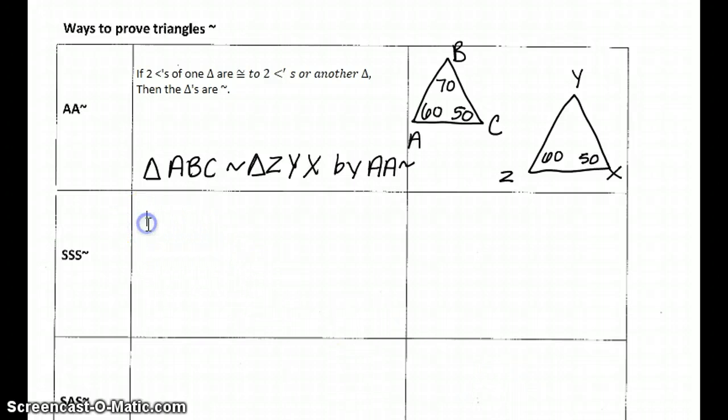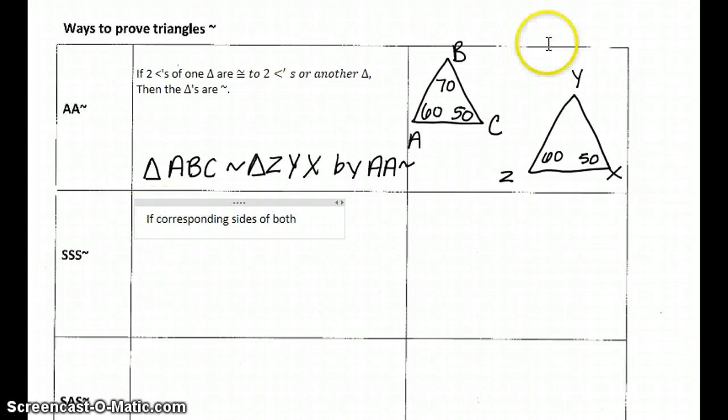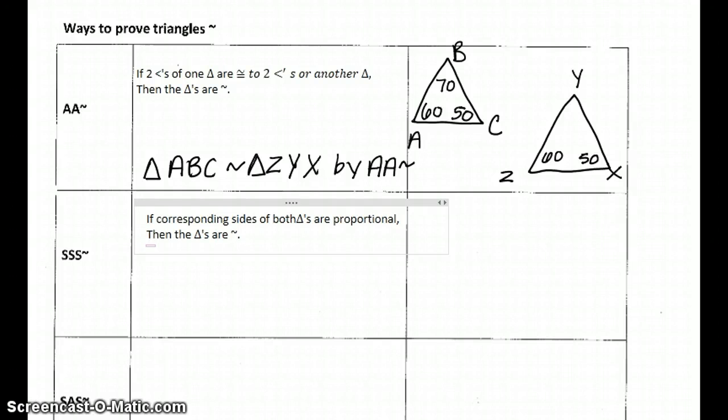The second method is side-side-side similarity. So if corresponding sides of both triangles are proportional, then the triangles are similar.